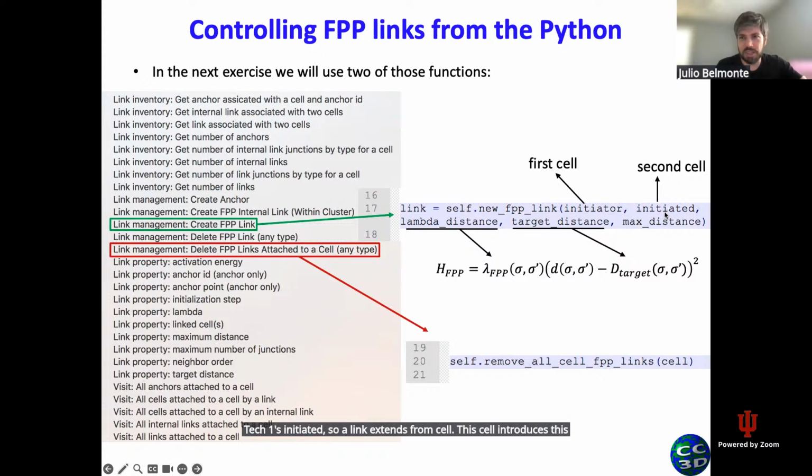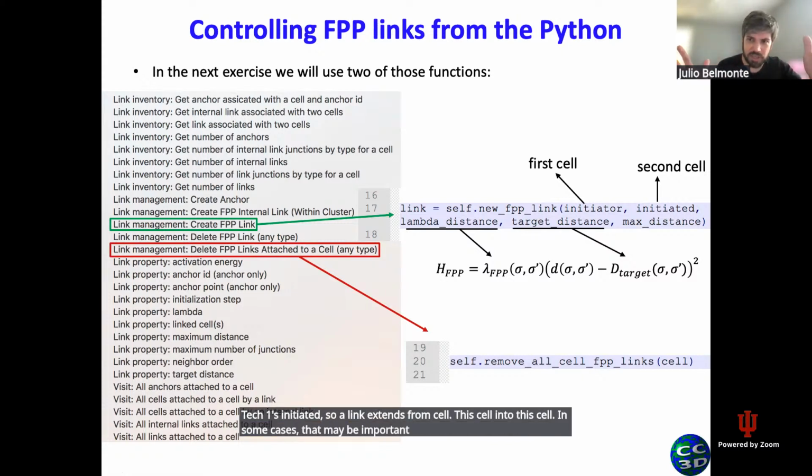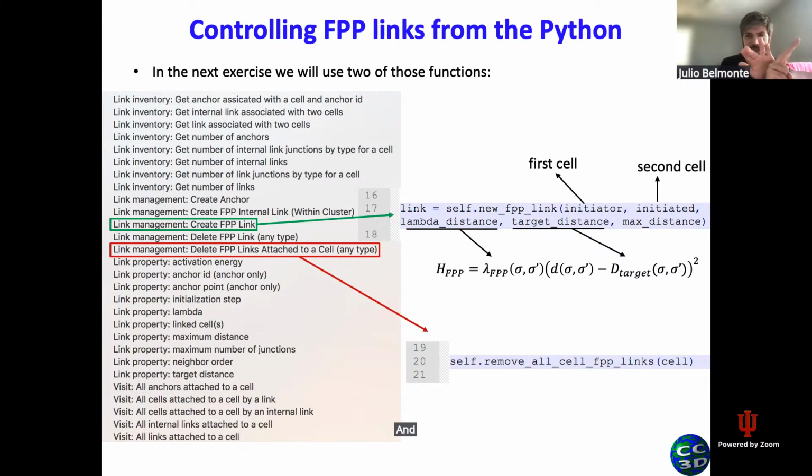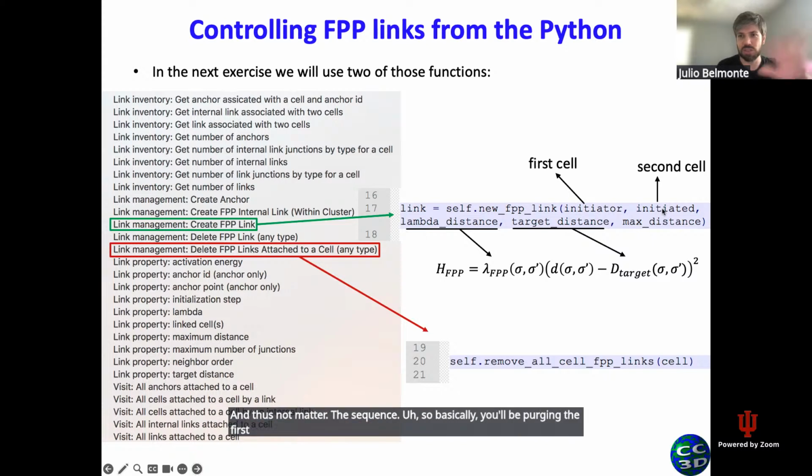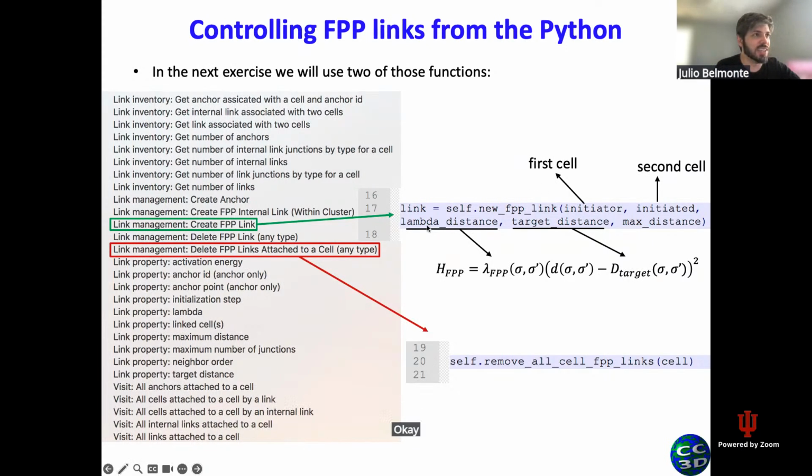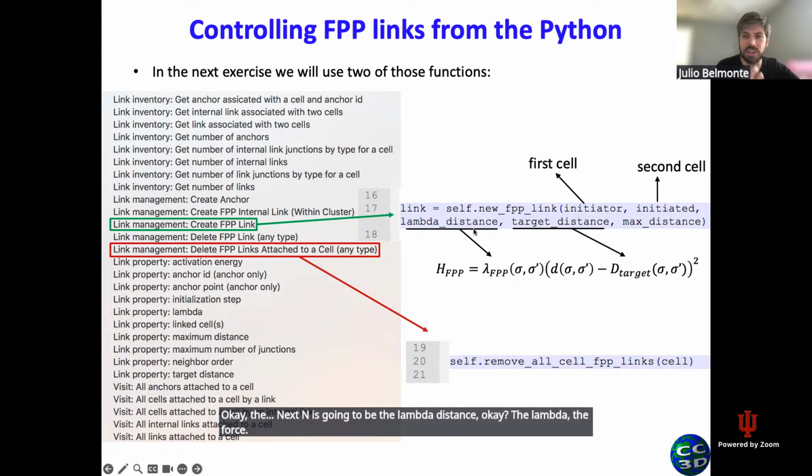In some cases, that may be important. In all the examples that you're going to do here, it doesn't matter. You may add cell 1, cell 2, or cell 2 and cell 1, and it does not matter the sequence. So basically, the first two entries are going to be the two cells that you're going to be linking, okay? The next entry is going to be the lambda distance, okay? The lambda, the force of the link.